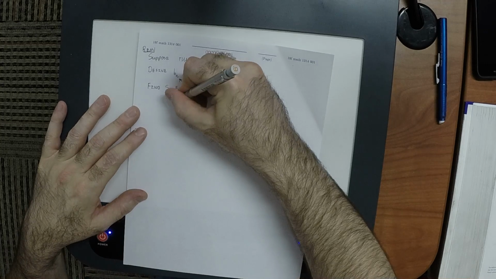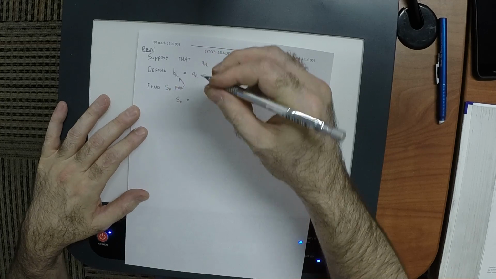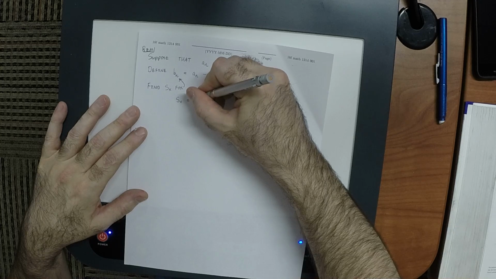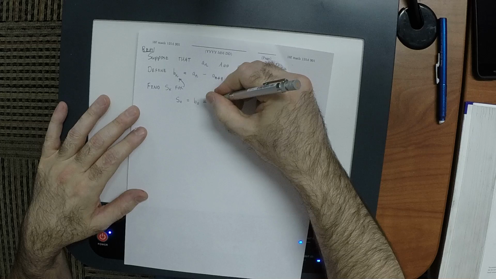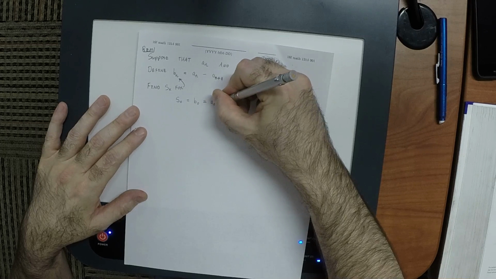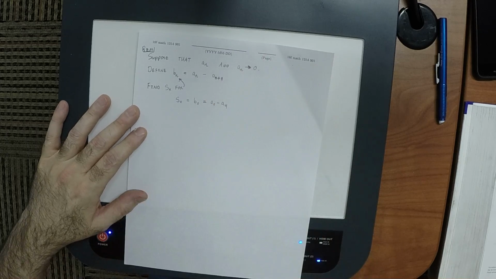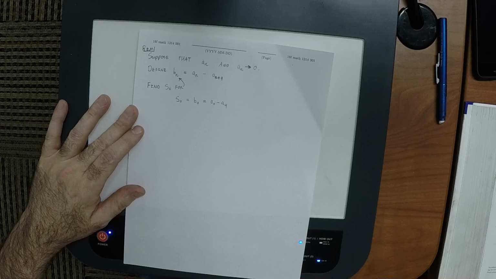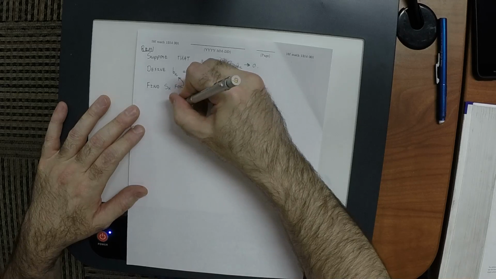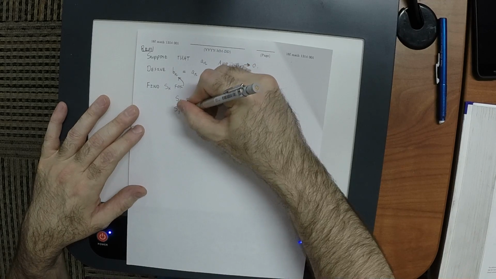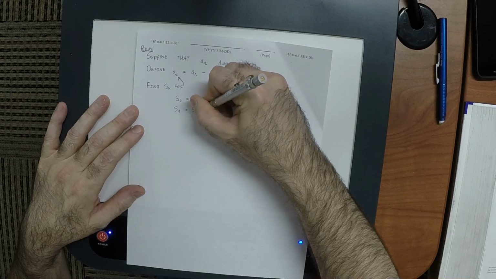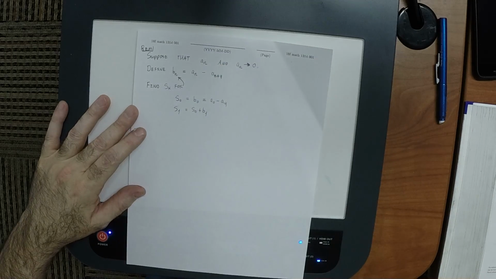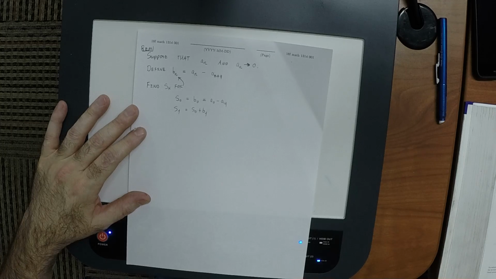So what would S0 be? Well, that would be just B0, which would be A0 minus A4, right? A0 minus A4. Okay, then what's S1? S1 would be S0 plus B1.